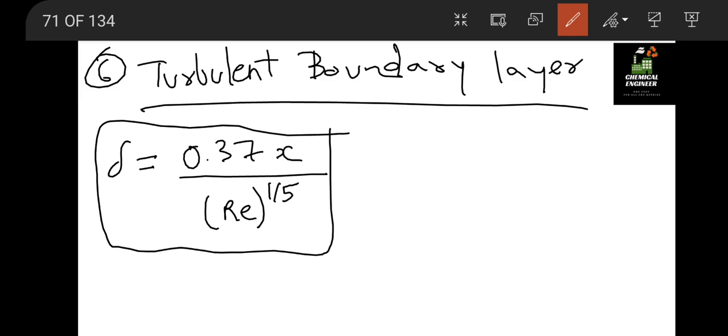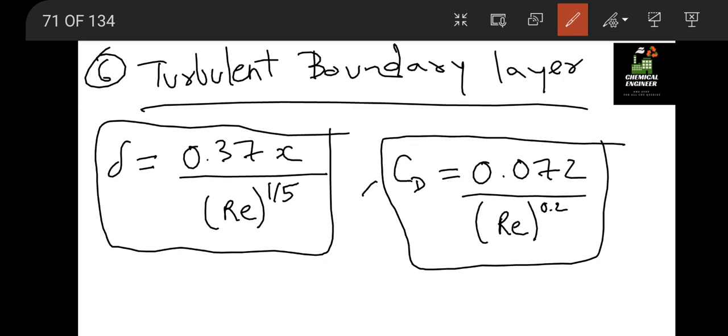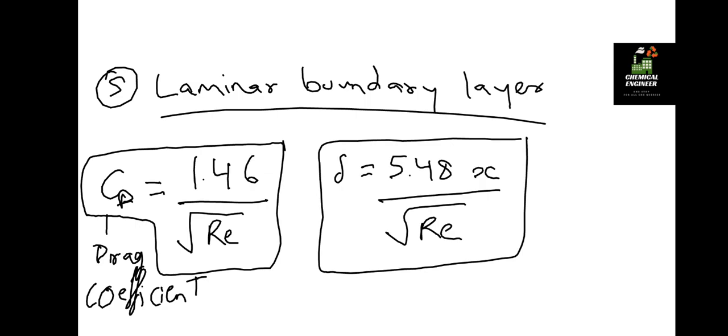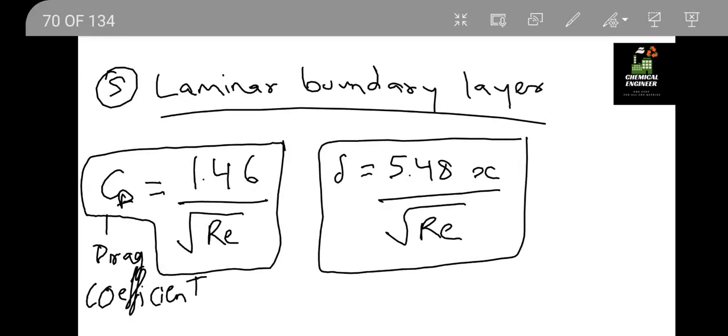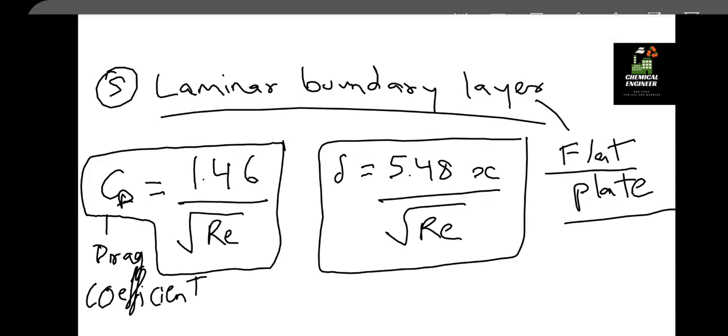Similarly, for drag coefficient, we have 0.072 divided by Re raised to 0.2 or 1 by 5. So this is for the turbulent case when Reynolds number is much higher. Okay, so all of this we are discussing is for the flat plate. Please remember this. This is all for flat plate.